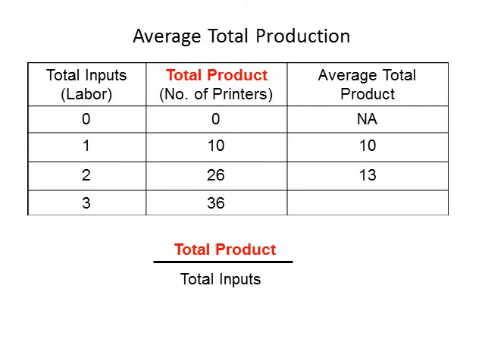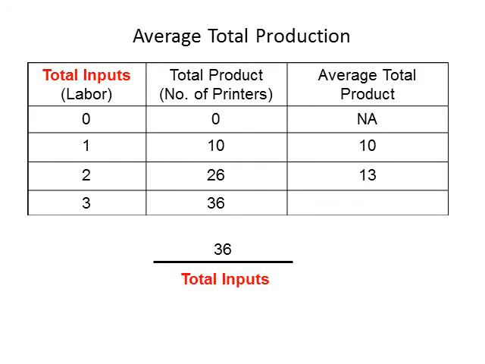Let's locate the total product column and total product in the formula. Next, locate the total product column and the total product associated with 3 units of labor, which is 36. Next, substitute 36 into the formula for total production. Next, locate the total input column and the total inputs in the formula.